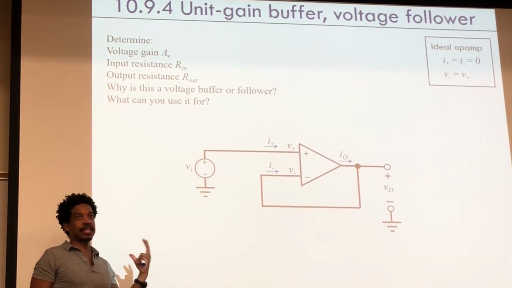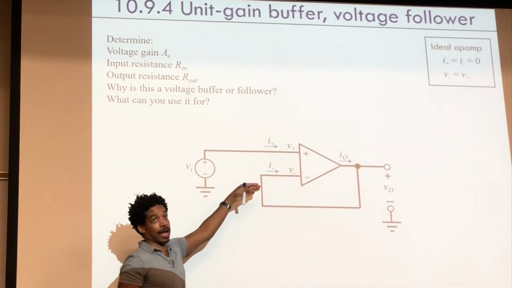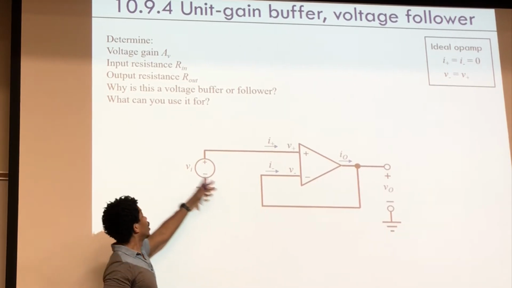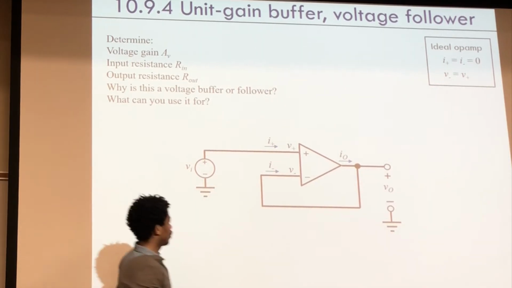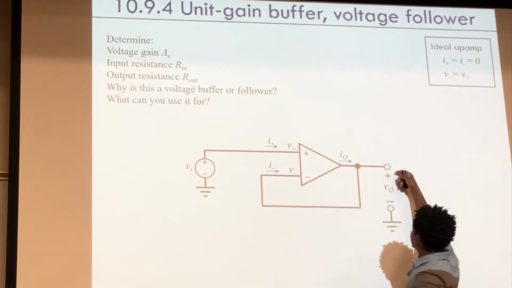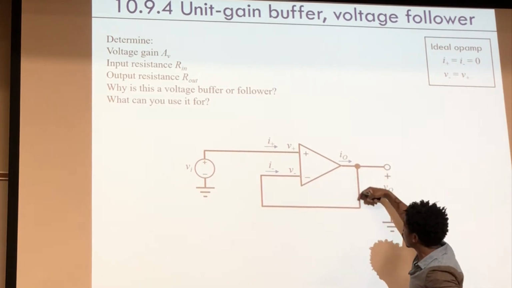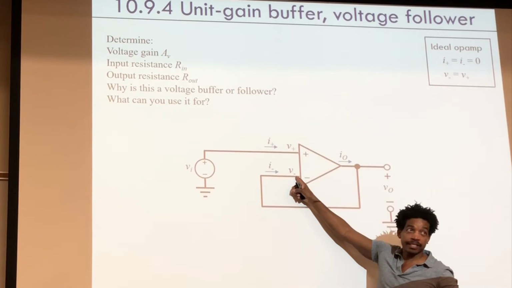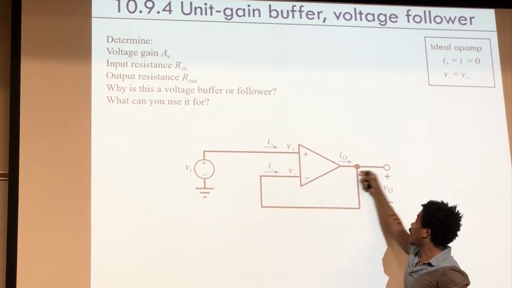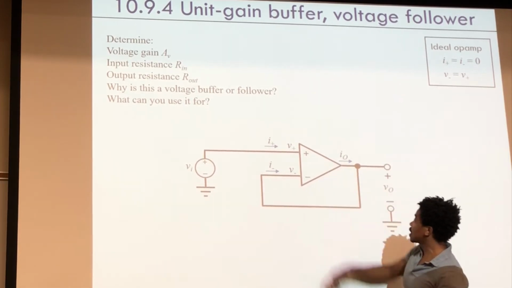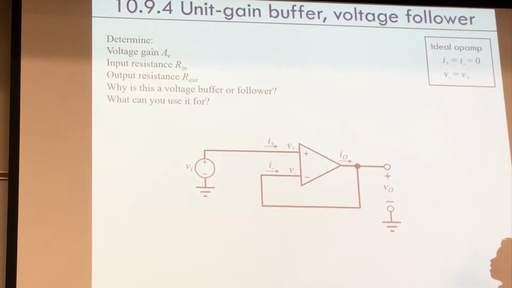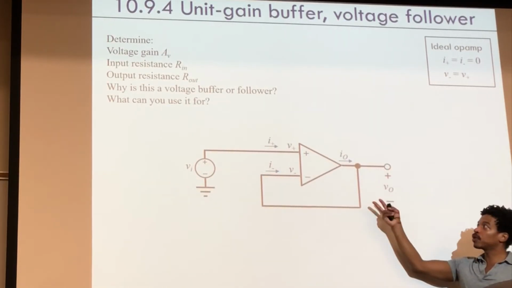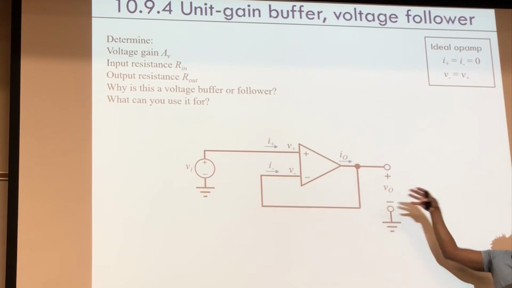So your resistance is infinite going into that op amp. On the other side, looking at the output, if you have current going in here, no current is going to go this direction because of this. Can't go in there. All your current is going to go straight on through, and it's so small it appears to be zero. So zero resistance looking at it from the output.